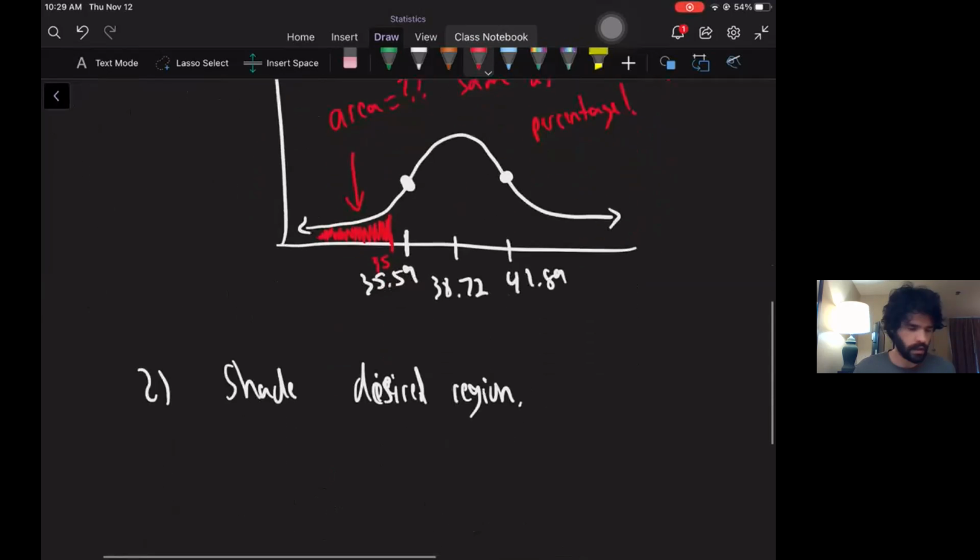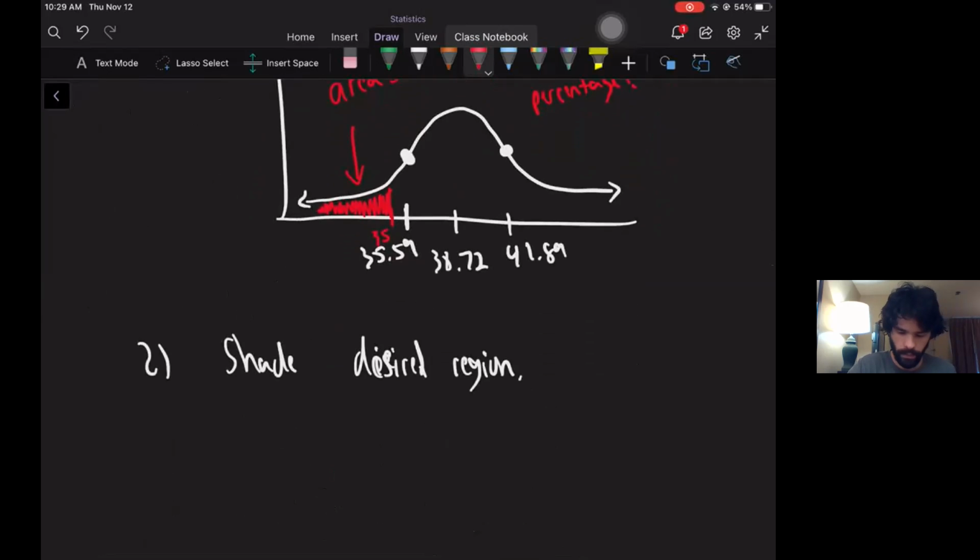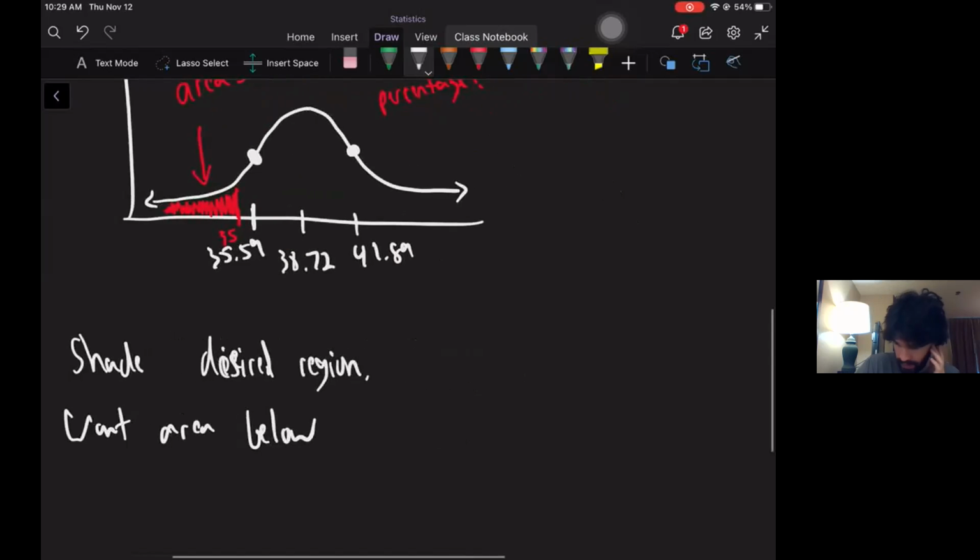Okay, so that's the idea. So I shaded the desired region. Now I'm just going to rephrase things. I want the area below. So I'm going to use fancy math terminology. 35 is one of the possible values of the random variable x, so I can call my little x 35.